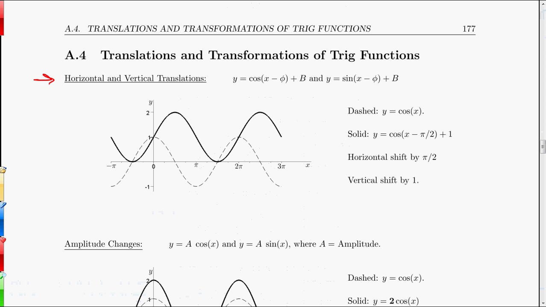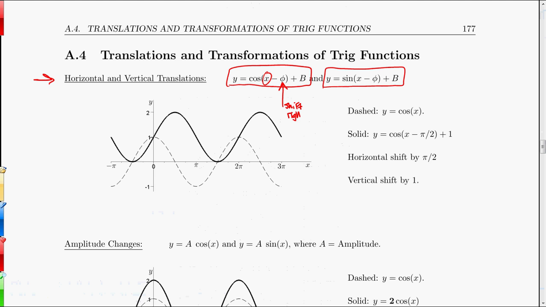So we have cosine or sine. If you subtract something from the value of x within the function, that shifts the curve to the right by this amount.